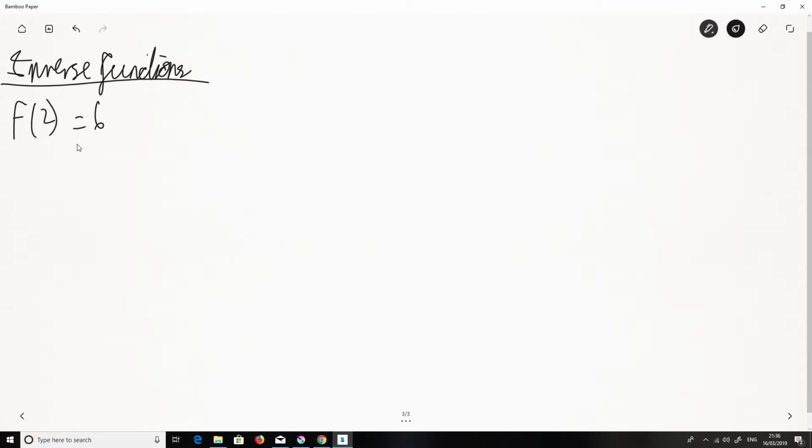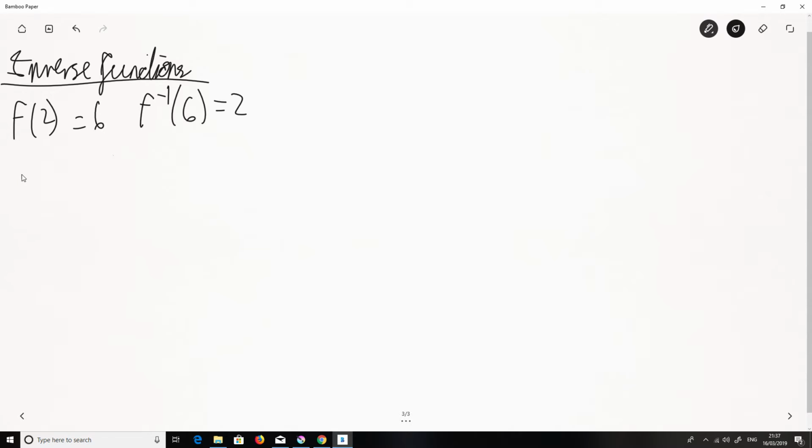Like, this is once you've substituted everything in, you find f of 2 is equal to 6. Well, when you do an inverse, you want to show that our inverse of this function, f to the minus 1 of 6, is equal to 2. So it just wants to reverse whatever operation you've performed.